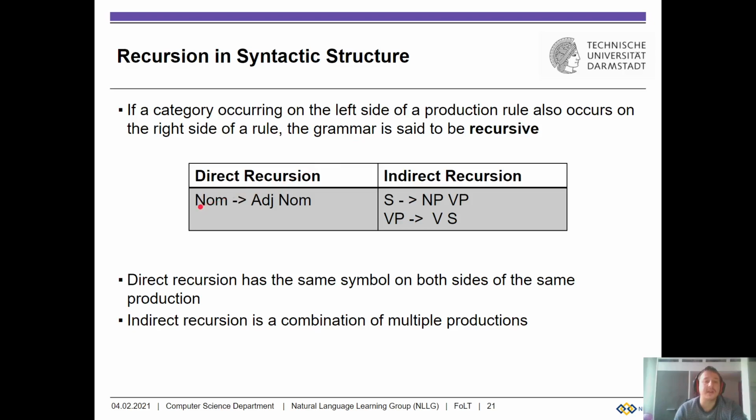So if you have a nom, whatever a nom is, goes into an adjective and another nom, that is a direct recursion. The recursion could also be indirect, when you say a sentence goes into an NP and VP, and the VP in turn expands into V and S. That is an indirect recursion because it's not directly on the left and right side. But if you rewrite this into a sentence goes into noun phrase, verb and S, then it would become a direct recursion.